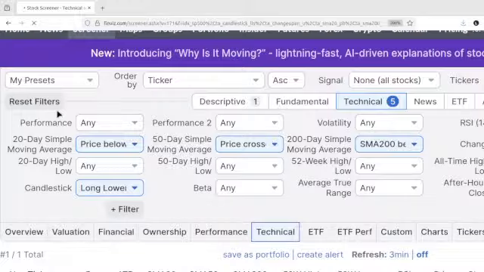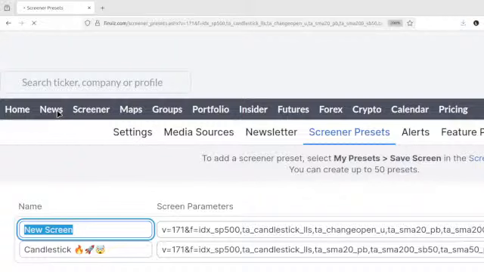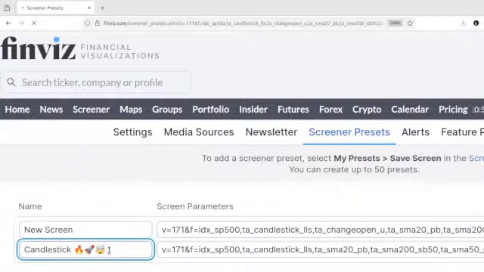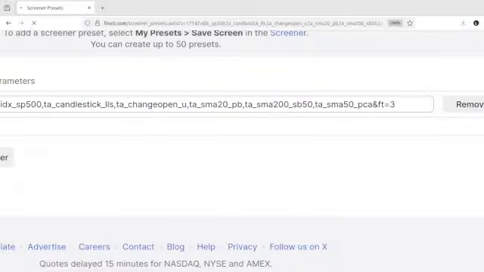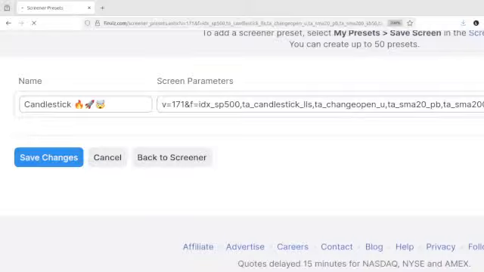Alright, let's save this screener so that next time when we come, we just plug it in. Okay. So I'll save the screener.